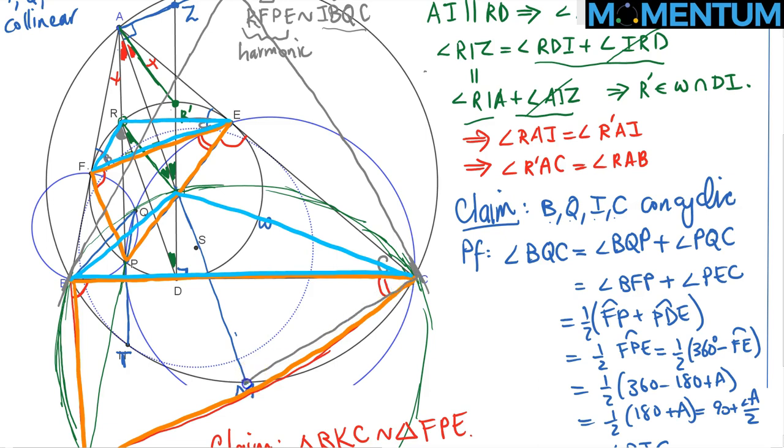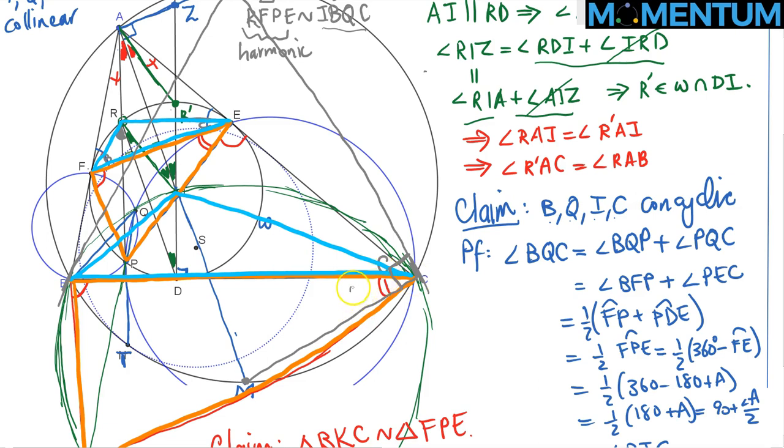So M is the center of the circumcircle of BQIC. This is from the incenter-excenter lemma. So we have a 90-degree angle here, and that's it. You can chase the angles if you want.